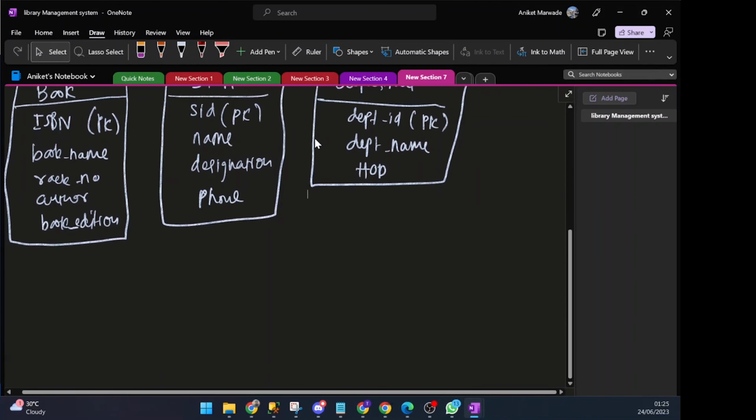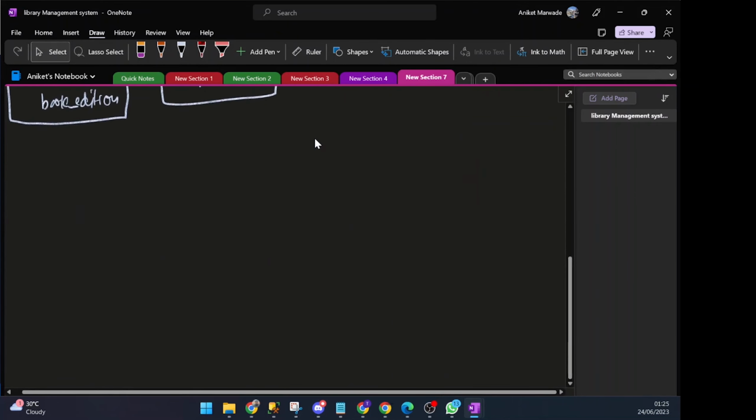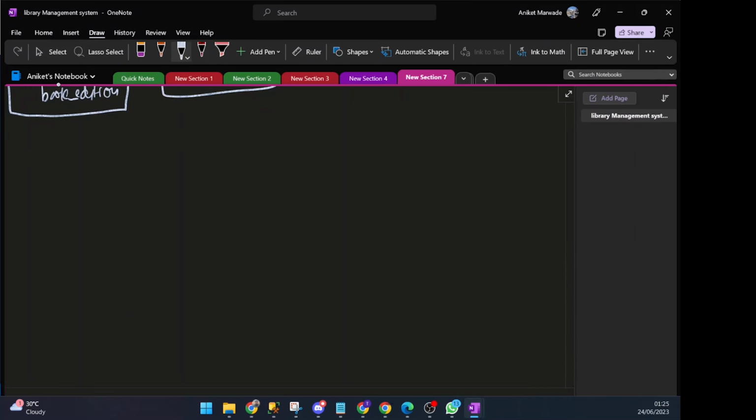Now we will have the student table. In student, first we will have student ID. It will be unique for every student. So let's consider it as a primary key for this table. We'll have name for the student, and we'll have address of student.